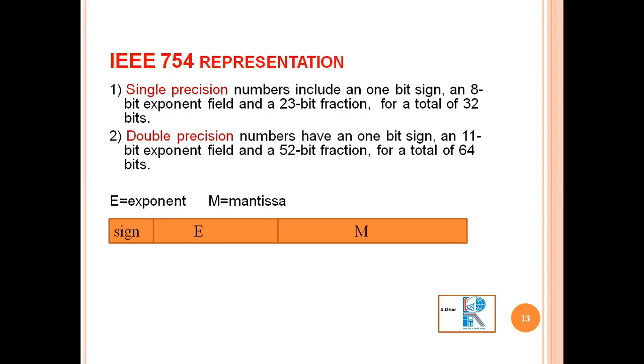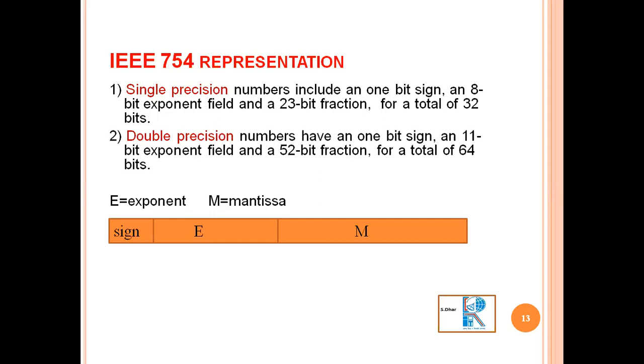Remember that when floating point is used by different machines, it is possible that different manufacturers use different floating point representations in their processors. Suppose there are two processors, one made by Intel, another by Motorola. They use floating point circuits, but their floating point representation is different. Some use normalized, some use non-normalized.